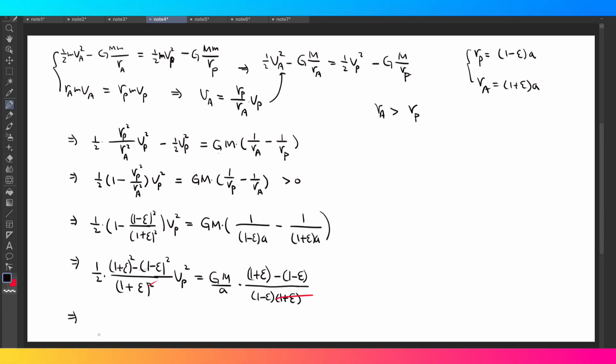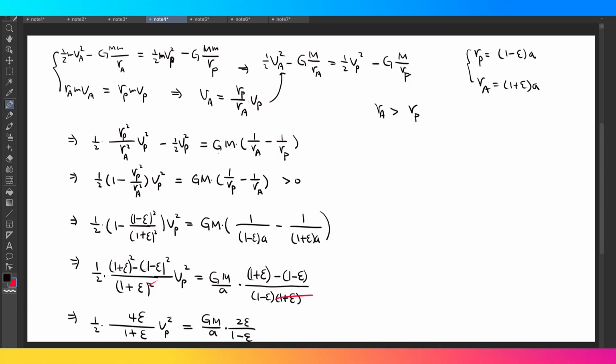And then in the numerator, I expand this first parenthesis and second parenthesis. I get 1 plus epsilon squared cancel out. And I have 2 epsilon left minus negative 2 epsilon. So get 4 epsilon here. VP squared equals GM over A. And then here we have a cancellation of 1. So I have 2 epsilon over 1 minus epsilon.